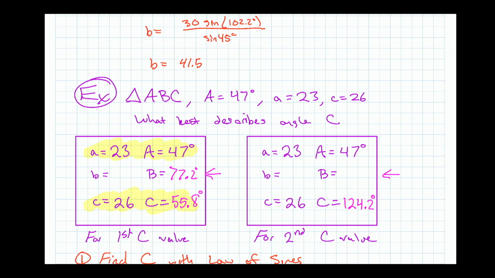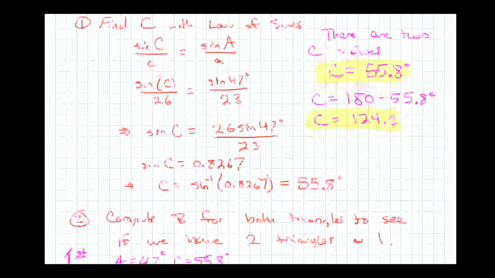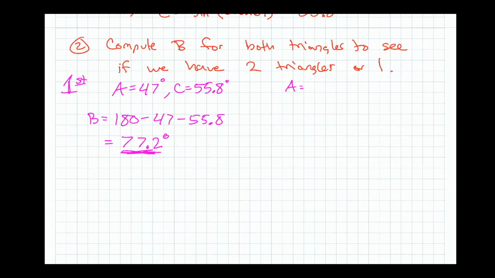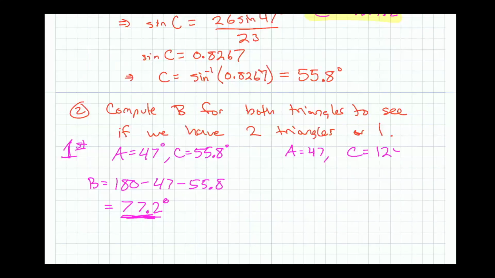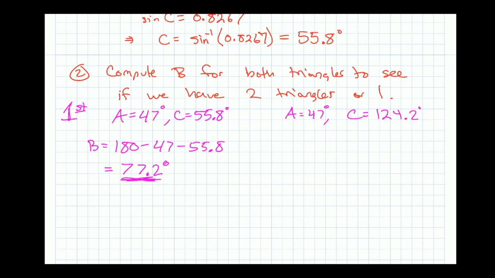Now what about the other one? What about over here? So 47 and 124.2. All right, so these are my angles. So on my second triangle here, my B is 180 minus 47 minus 124.2. So grab a calculator and do that. 180 minus 47 minus 124.2, which is 8.8.